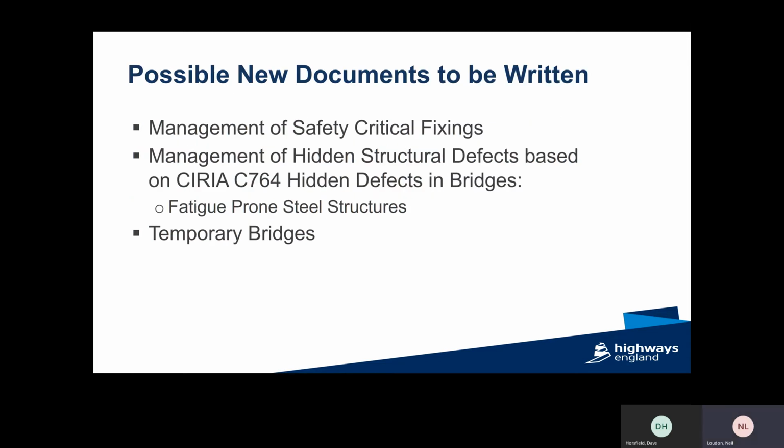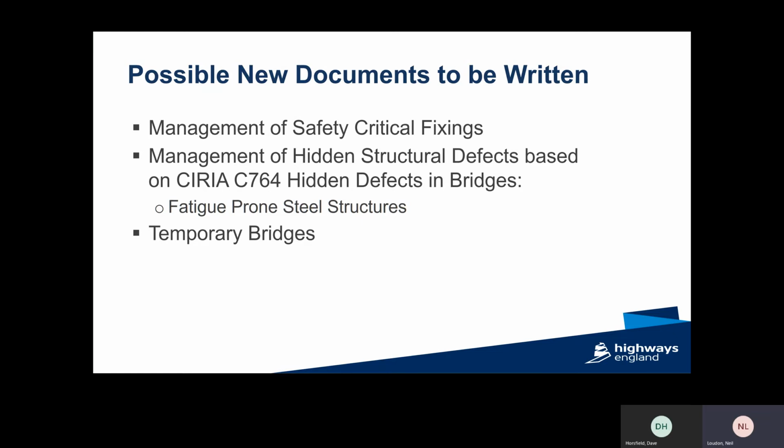I also wanted to highlight some other new documents which the Highways England Structures team are working on currently. And this is really filling in some gaps in our knowledge, and again around critical and vulnerable parts of structures. So a key one is the second one on the list, which is around the management of hidden structural defects, and this is based on a CIRIA publication, Hidden Defects in Bridges C764.